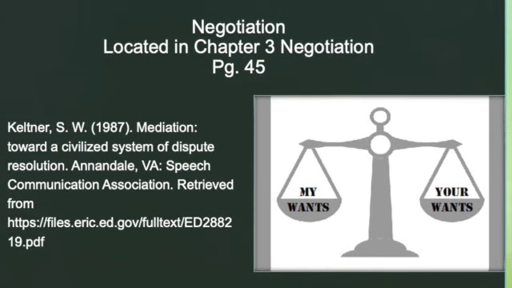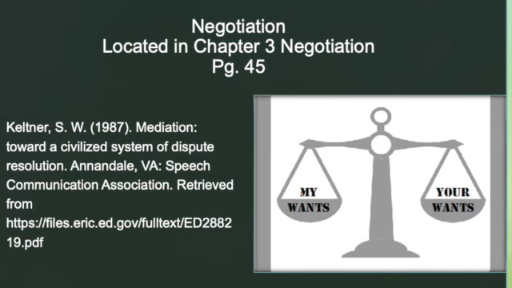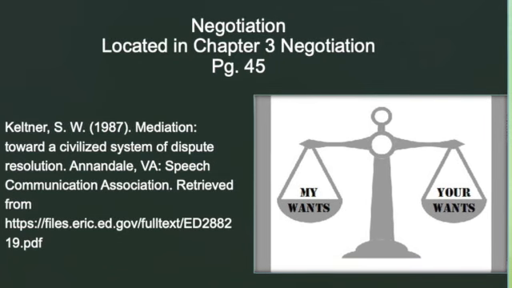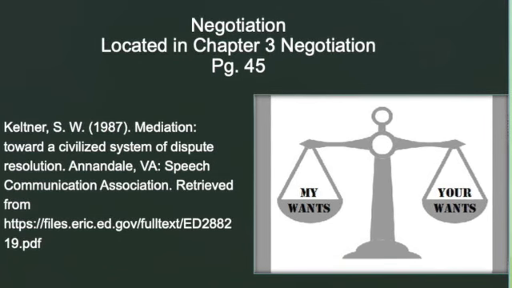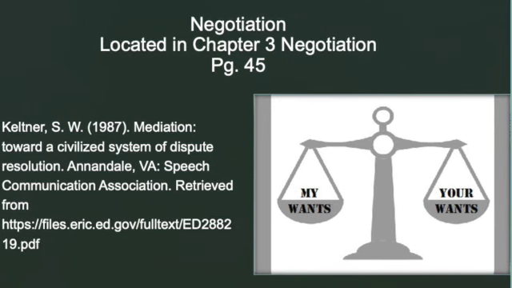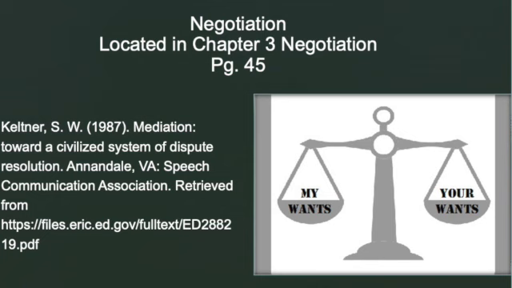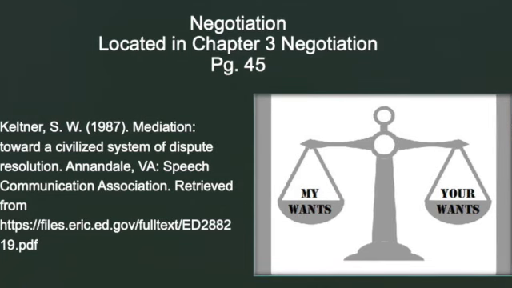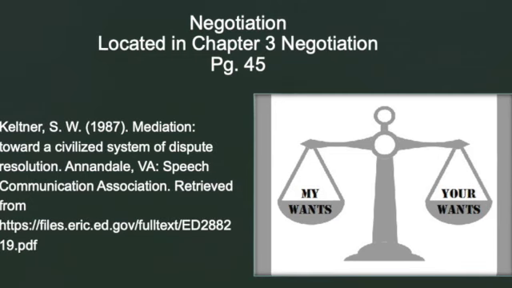And both in this textbook and in the writings by Keltner, it essentially explains that negotiation is the interaction between two people. So the actual willingness to interact in order to get what they find desirable or what they really want. And so they're choosing to interact in order to get that.